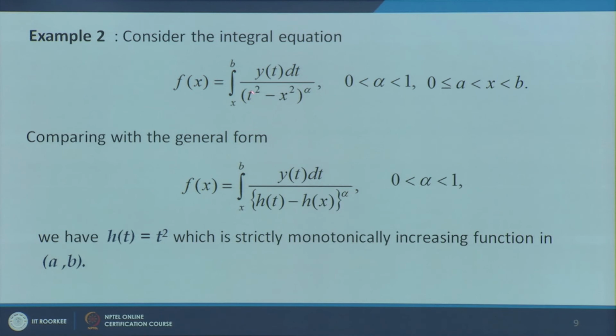Comparing it with the general form, f(x) equal to the integral from x to b of φ(t) dt over (h(t) minus h(x)) to the power alpha. So h(t) is equal to t square here.